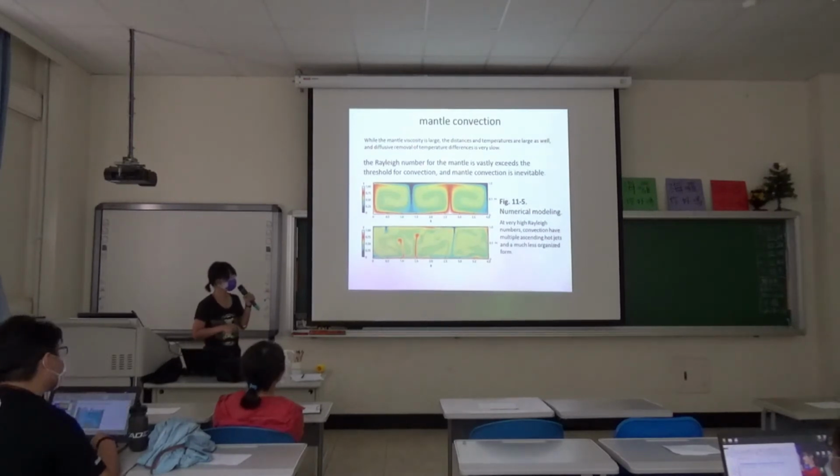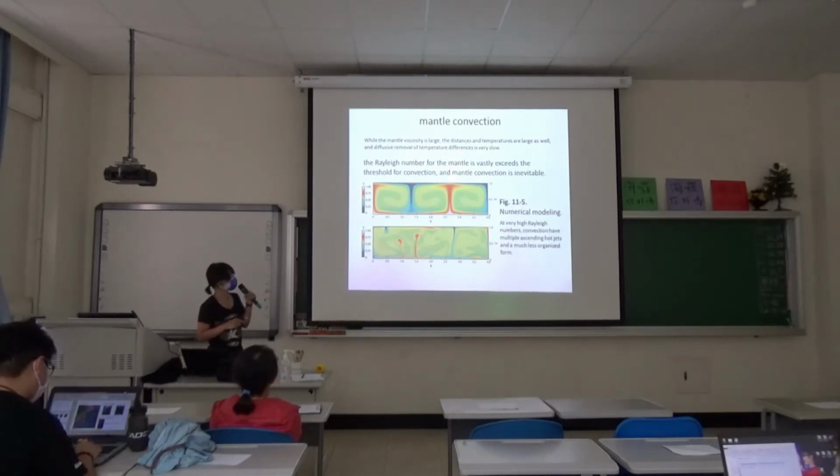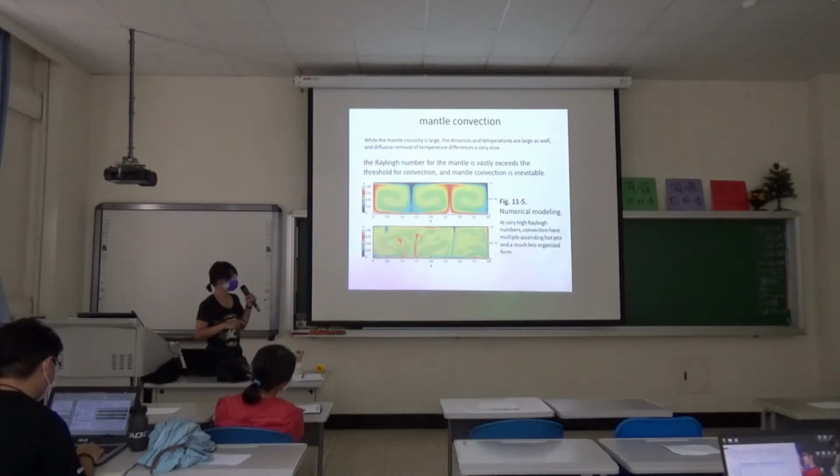For the mantle, viscosity is large, and its temperature and distance are large as well. The Rayleigh number for the mantle is basically the threshold for convection. Mantle convection is inevitable.